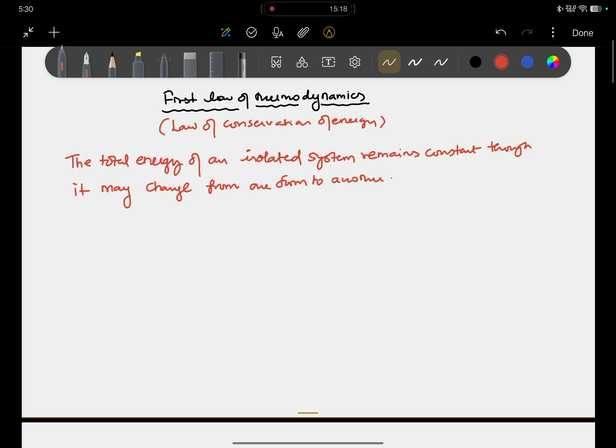If it disappears in one form, it will reappear in another form without any loss. So these are the various definitions given. Now let us see practically how we arrive at the mathematical expression of the first law.